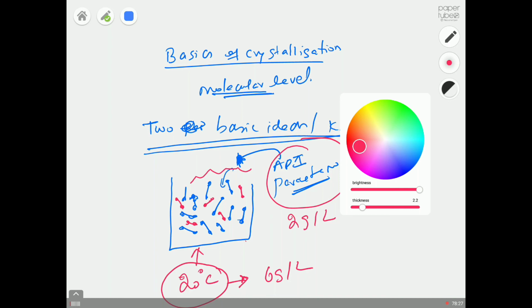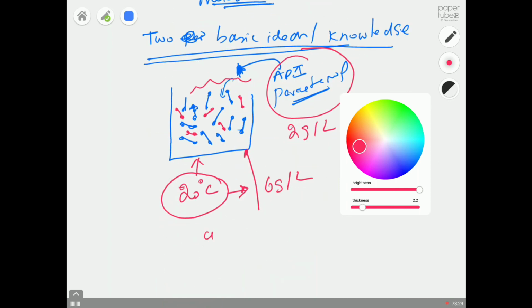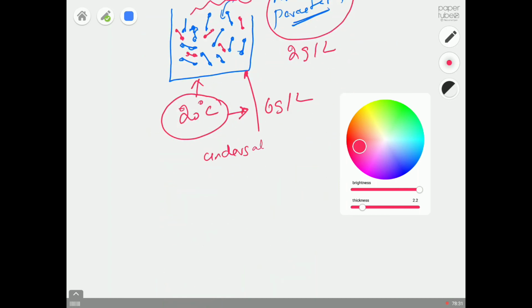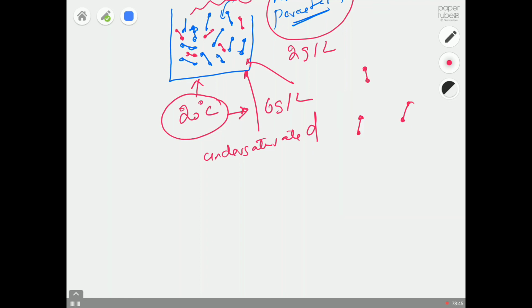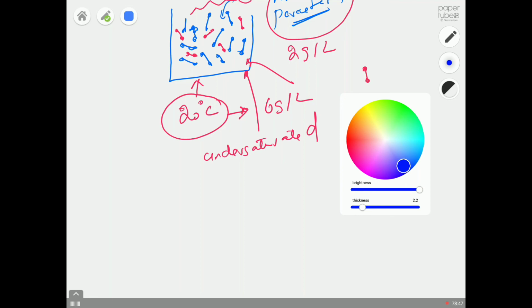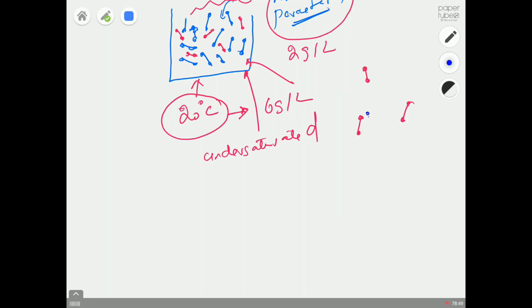So which means your solution is clearly undersaturated. If you allow some time, what will happen is you have your API, your paracetamol compound, and then your solvent molecules will like to build some shell around that.